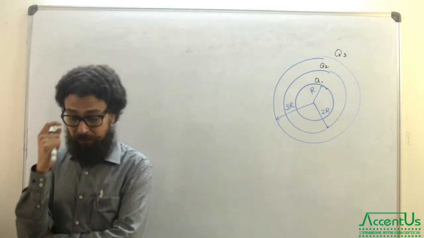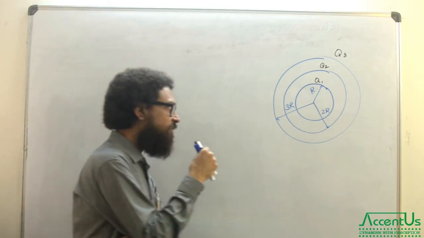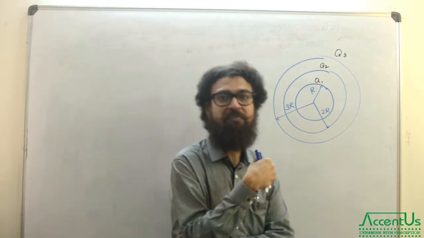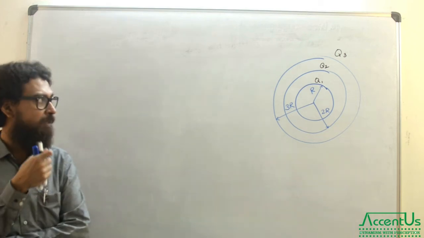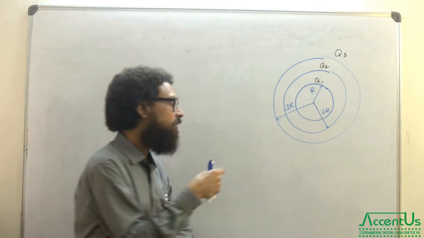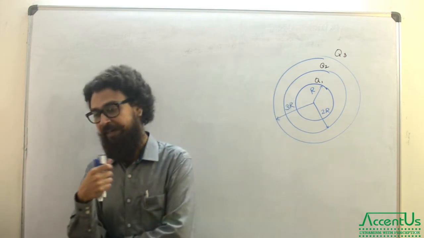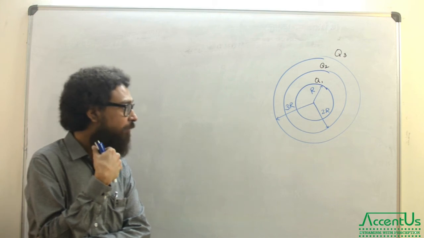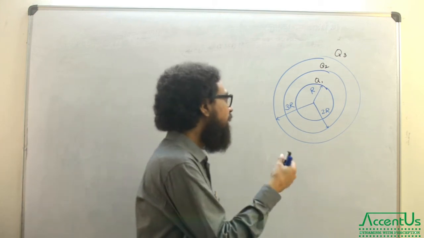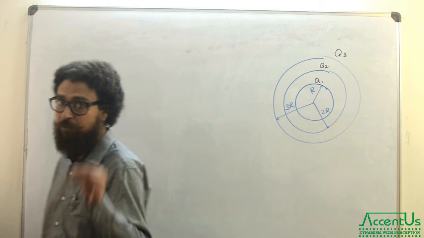Three charges Q1, Q2 and Q3 are placed on three concentric spherical shells of radii R, 2R and 3R respectively.